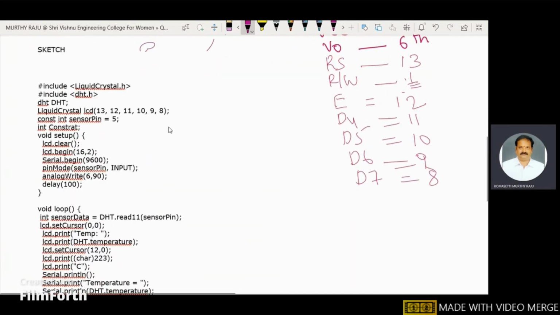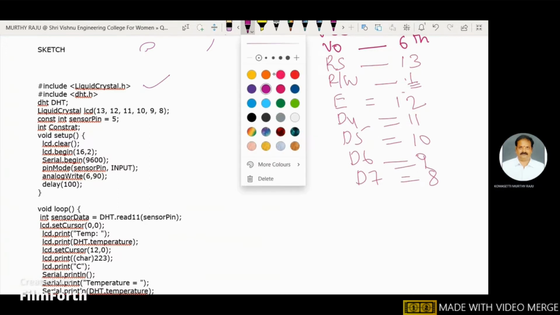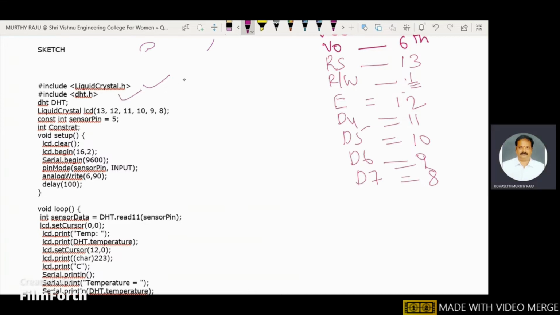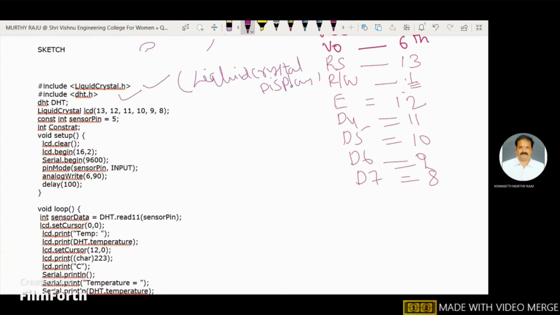Next, coming to the sketch. These are the two libraries: this one is the library for the liquid crystal display, and this one is the library for the DHT sensor.